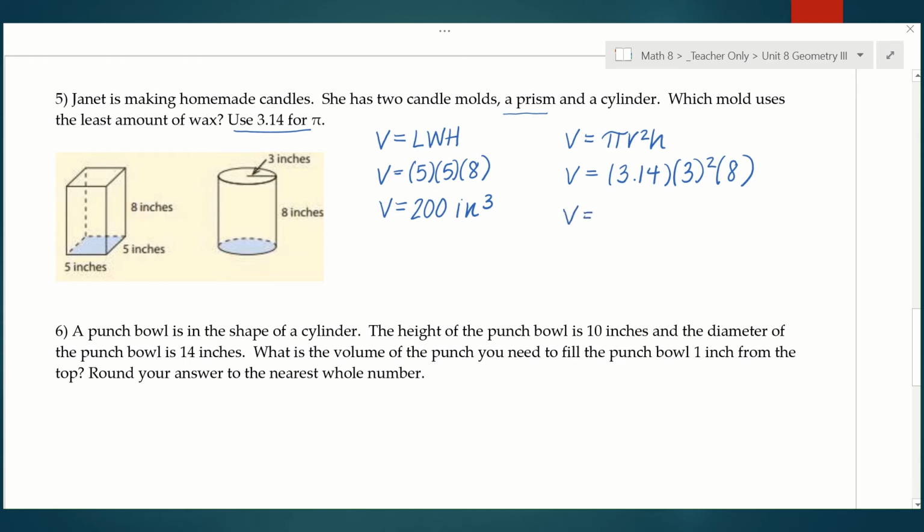Okay, so when you're typing this in, remember you're not using the pi key, you're actually using 3.14. So go ahead and type that into your calculator, and you should be getting 226.08 inches cubed. So which mold uses the least amount of wax? That would be the rectangular prism.